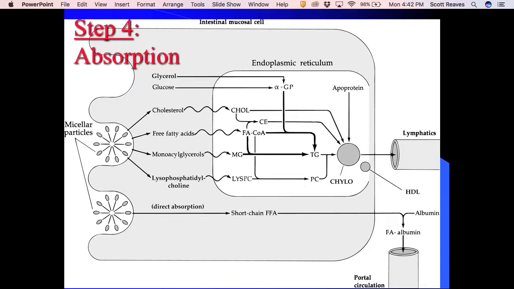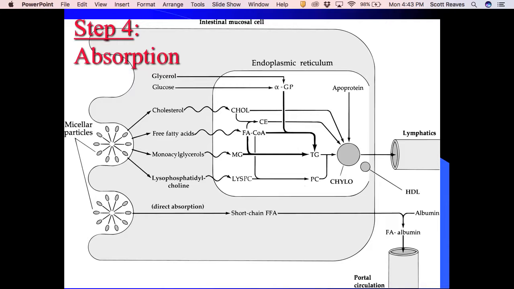If we have lysophosphatidylcholine, remember we're missing a fatty acid, it can be added back to form phosphatidylcholine. If it was cholesterol, fatty acid can be attached.